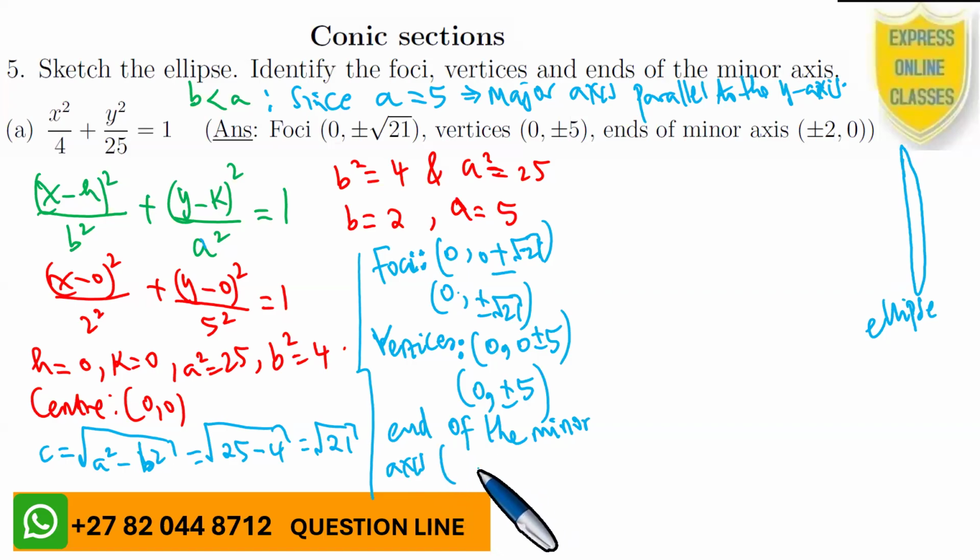So now the minor axis, you're going to take the center, which is 0, 0, and then moving horizontally because the minor axis is the x-axis.